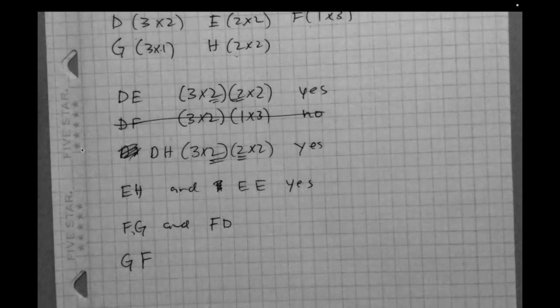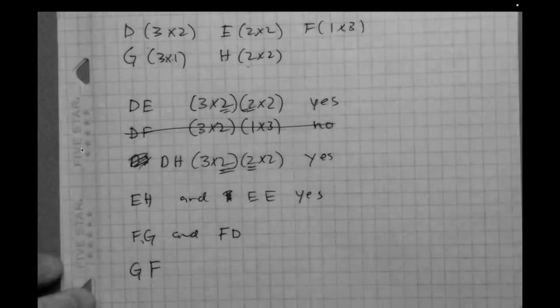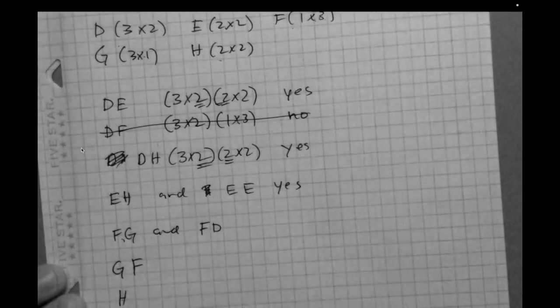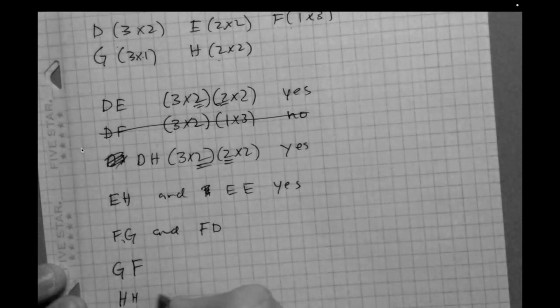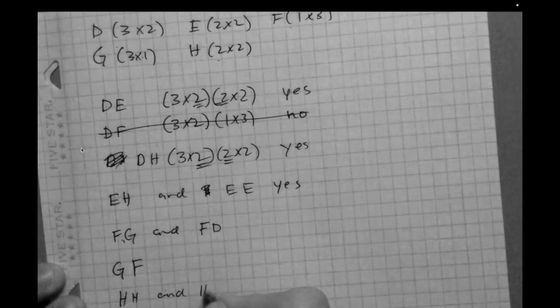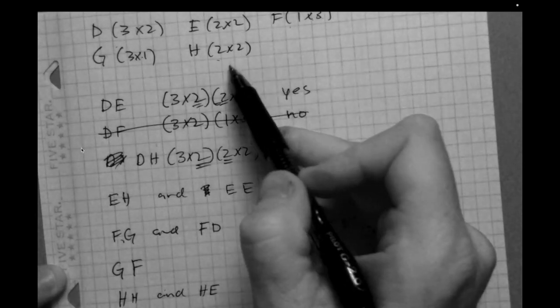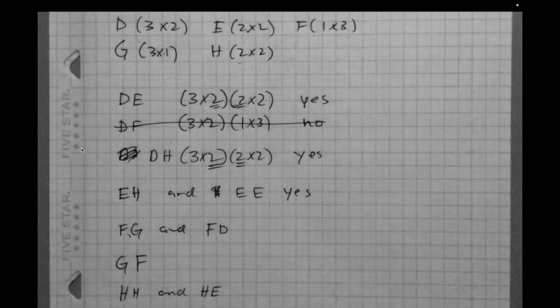Perfect. And what about H? Well, H can be multiplied with E and itself. Any square matrix can obviously be multiplied by itself. So H works with itself. It also works against E.